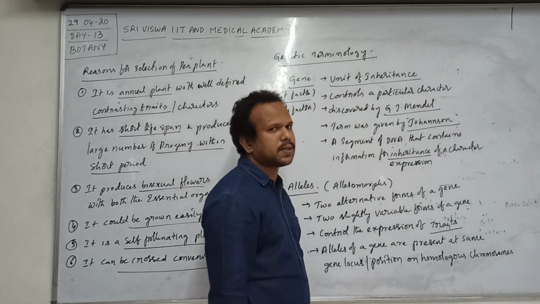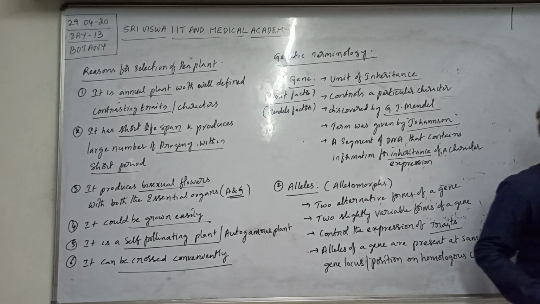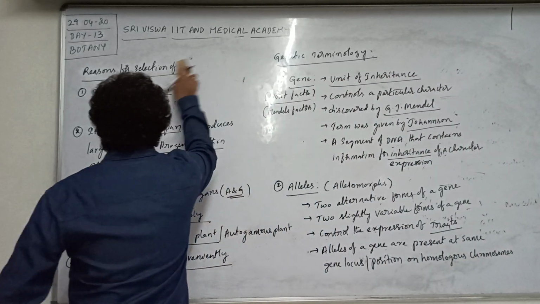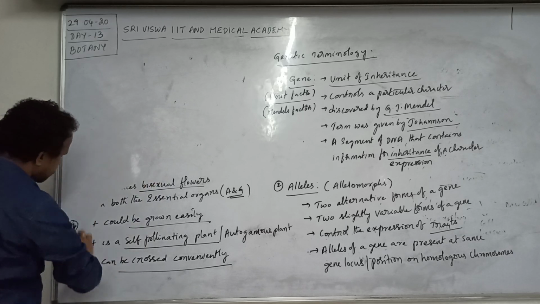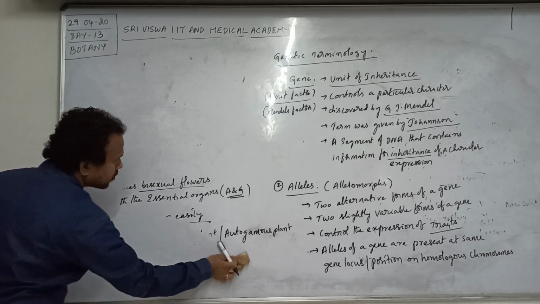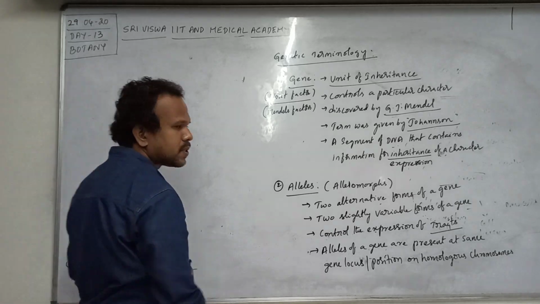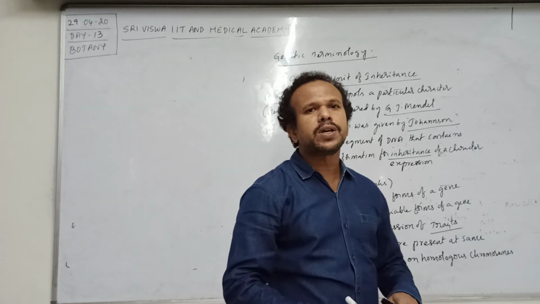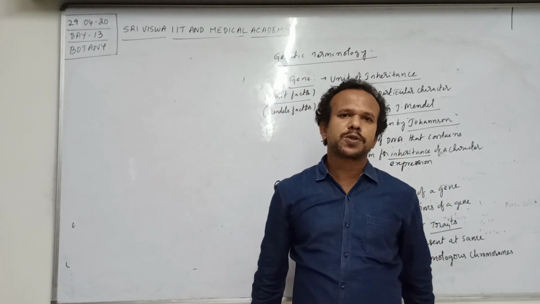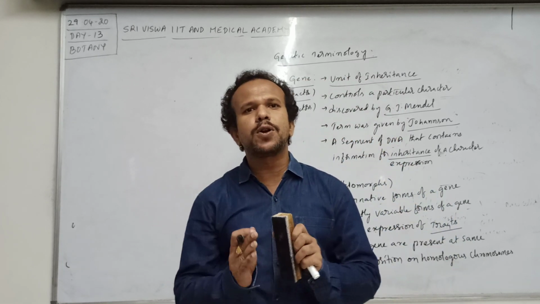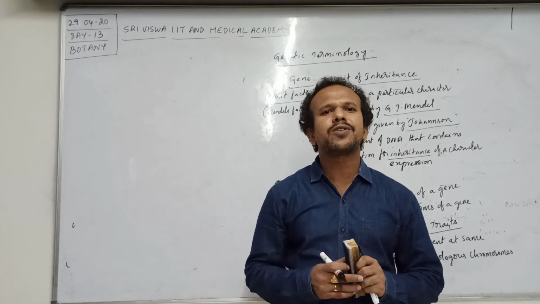Very important. For example, what is synapsis? Synapsis means that during meiosis, pairing of homologous chromosomes takes place. Pairing of homologous chromosomes is called synapsis. It leads to the formation of bivalents.